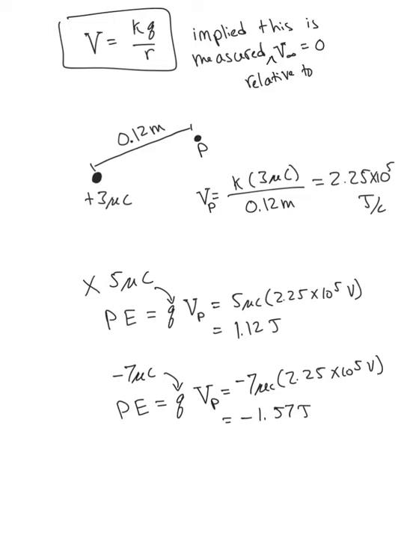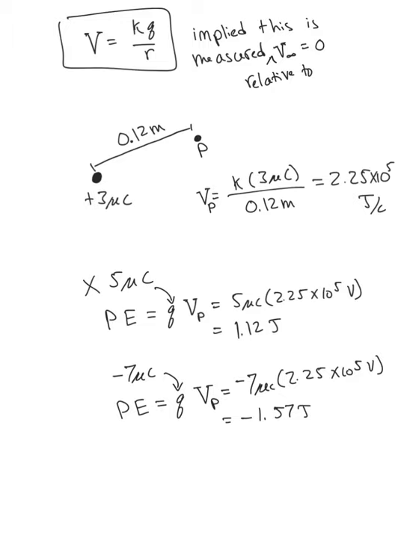So this is just an example of how we can physically calculate the electric potential at some location near a point charge, and then find how much potential energy would be stored if another charge ended up there. Finally, I just want to note that the electric potential of a point charge depends only on the distance that you are from that point charge.